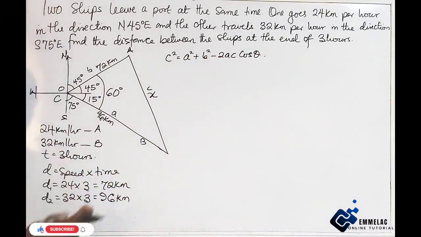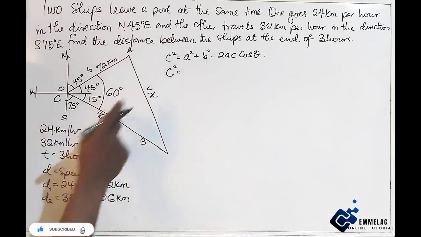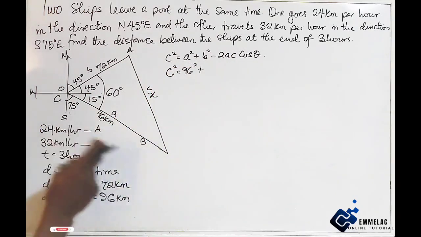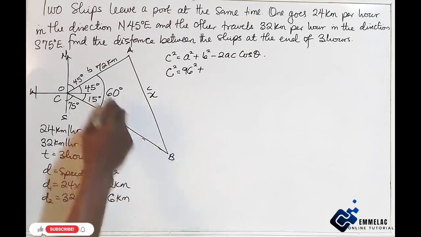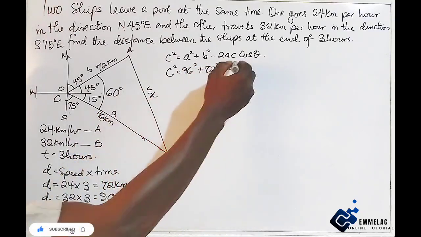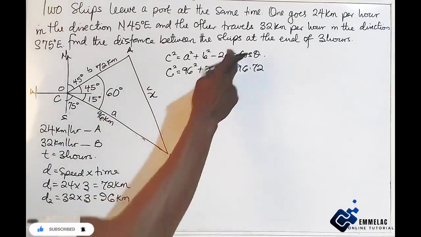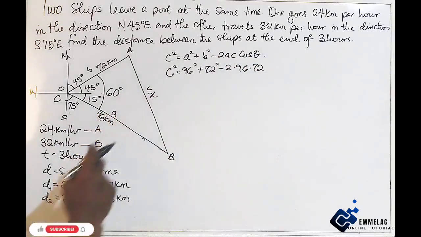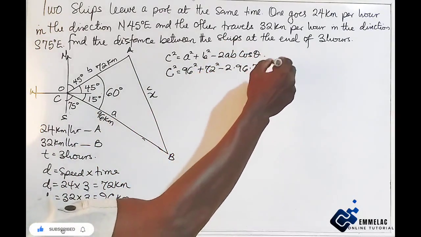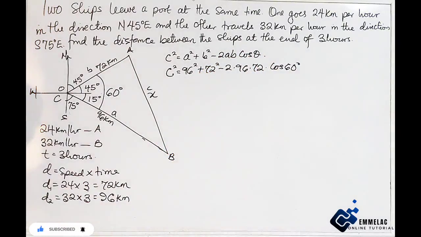Now let us put all these parameters into this for us to solve. You have c squared, because our a squared here is 96 squared, plus b squared, which is 72 squared, then minus 2 times 96 times 72, times cos 60 degrees.